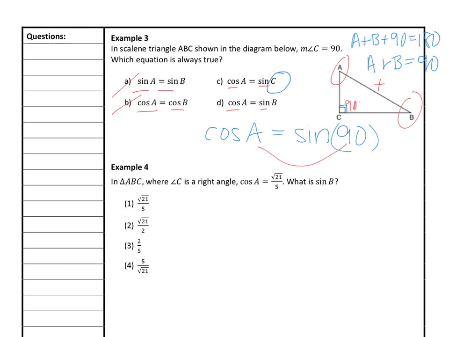And these two are supposed to add to 90. Well, if one of them's already 90, that means that A has to be 0 degrees. And that just clearly does not work. You can't have an angle of 0 degrees within a triangle. So we're down to choice D and only choice D, because cosine of A is equal to sine of B, because A and B sum to 90.